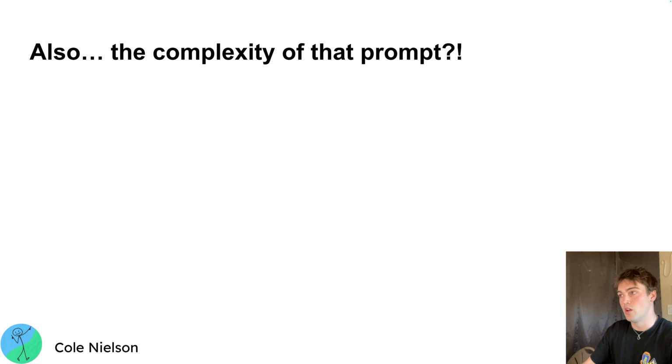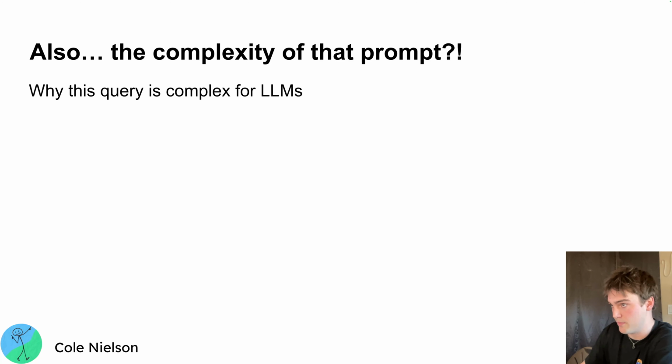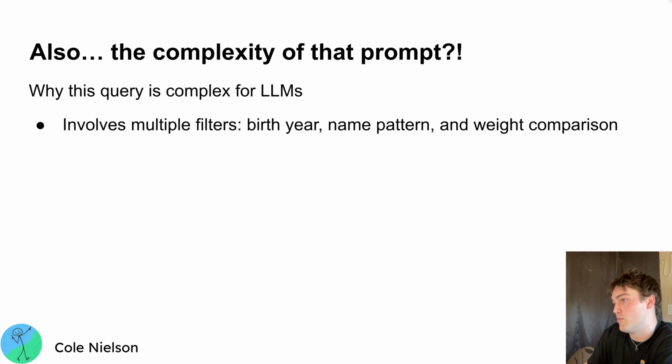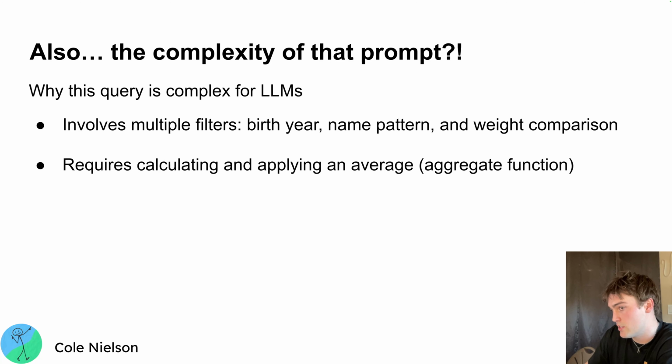And then the complexity of that prompt wouldn't be attainable, in my opinion, through an LLM, at least in their current state. So why is this query complex for large language models? It involves multiple filters: birth year, name pattern, and weight comparison. It requires calculating and applying an average aggregate function, and aggregate functions are hard for LLMs.